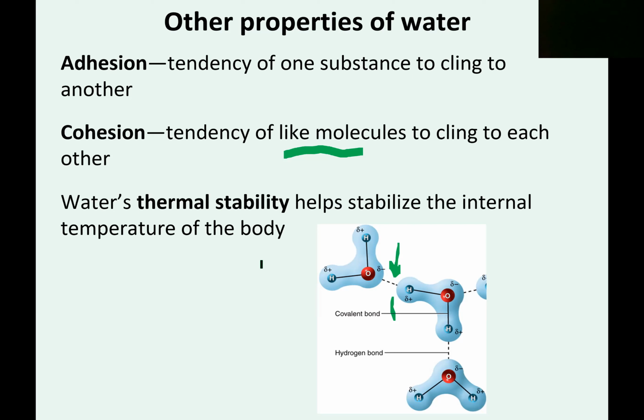Water's thermal stability helps us to maintain internal body temperatures. With most substances, however much heat you add, that's how much the temperature goes up. Or however much heat it loses, the temperature goes down. Water's weird, it's different.